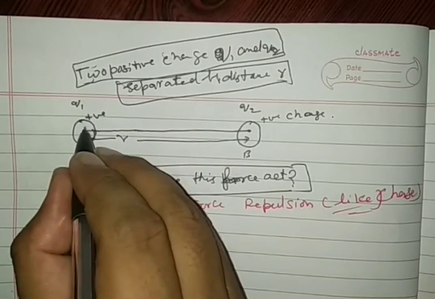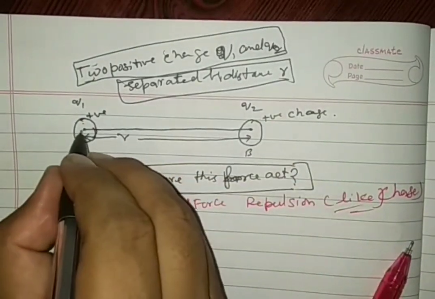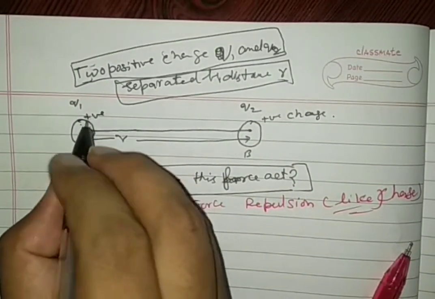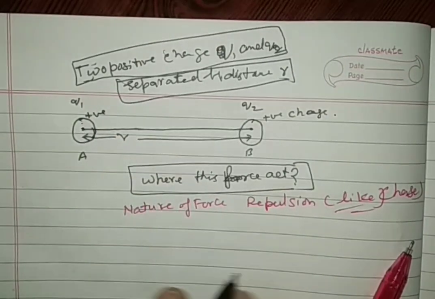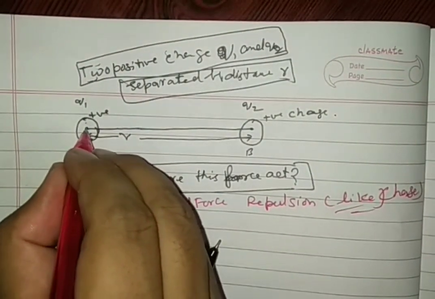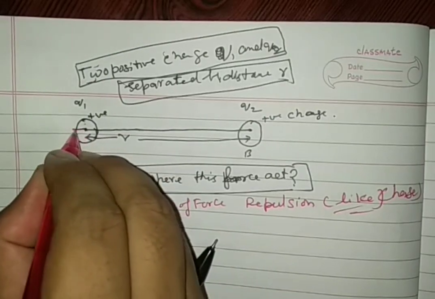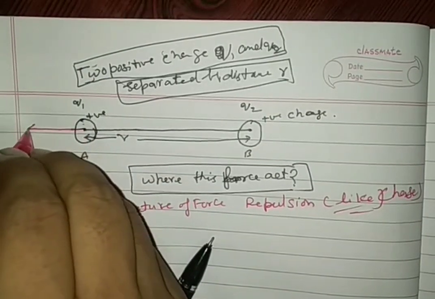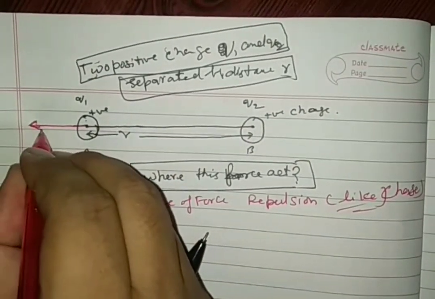So the Coulomb force is a force of repulsion, meaning it will move away from that body.